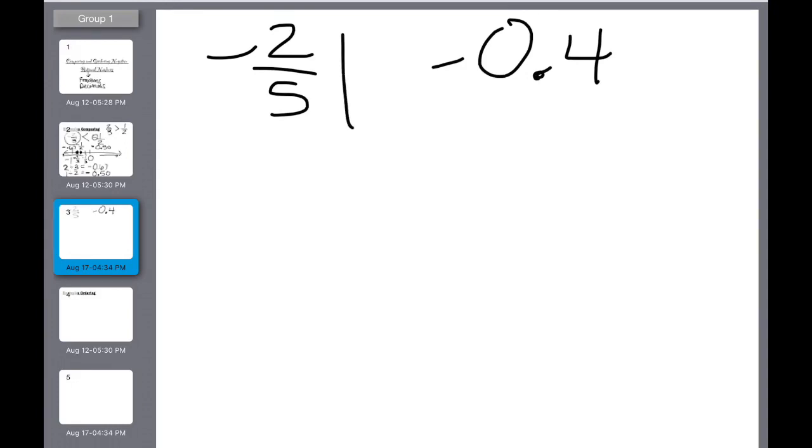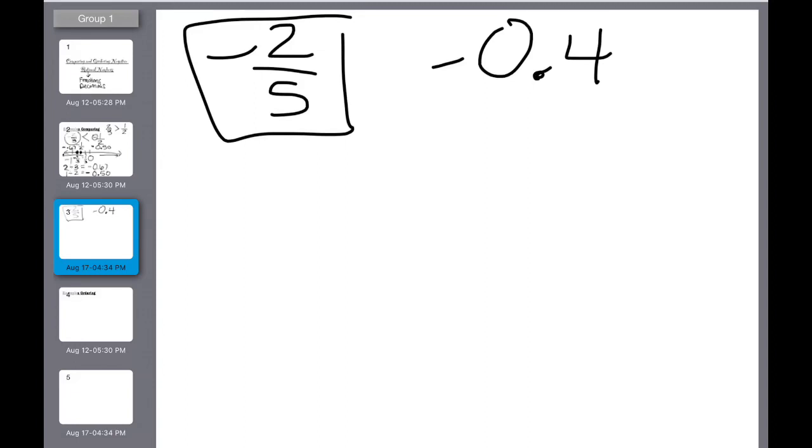So let's take this fraction and change it to a decimal so that we can compare two decimals. Remember, if the fraction's negative, the decimal's negative. So we don't have to worry about the negative until the end, and we want to make sure that we keep that negative in front of our decimal.